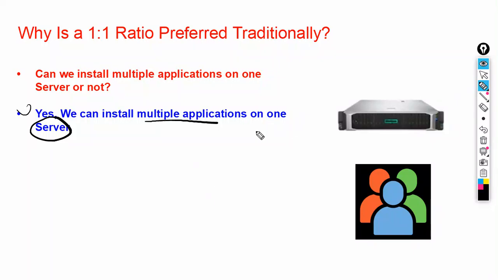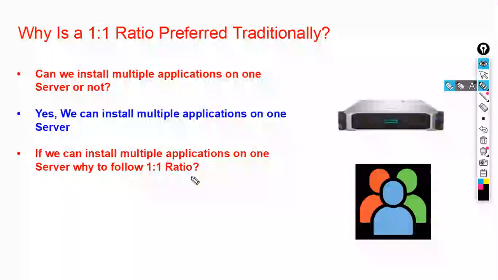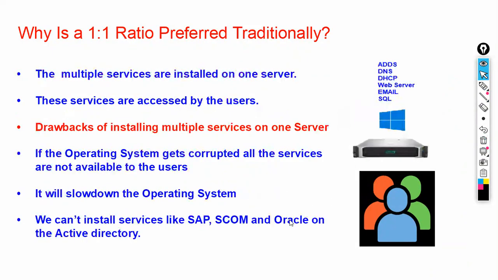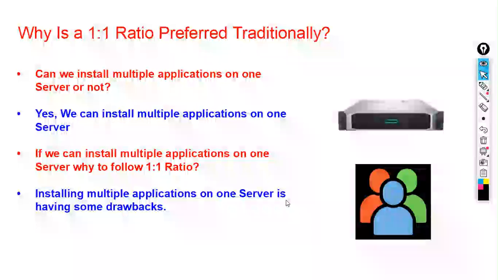Then you might be wondering why we follow this 1:1 ratio if we can install multiple applications on the same server. The answer is if we install all the applications on one server, it will have so many drawbacks.